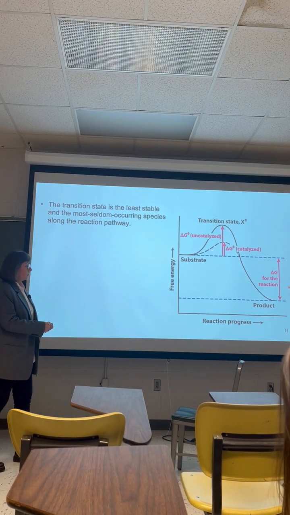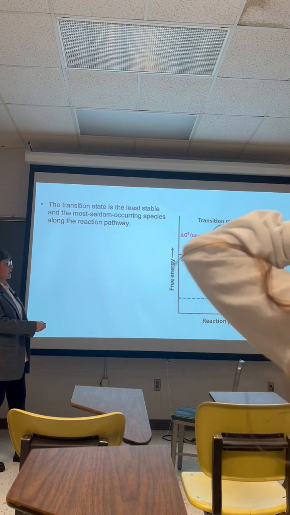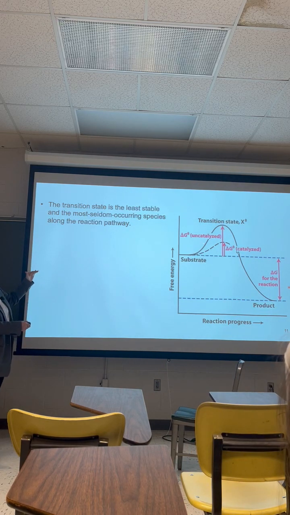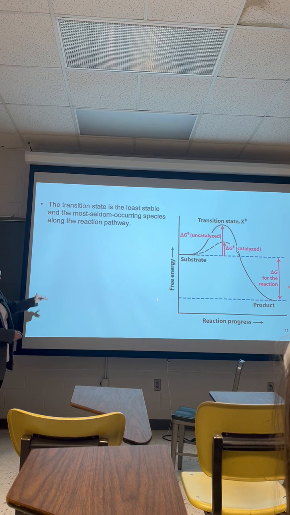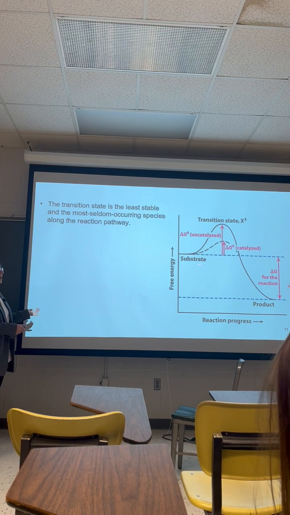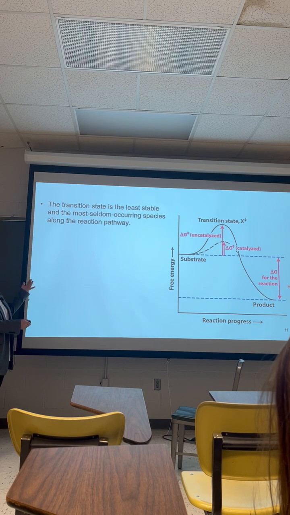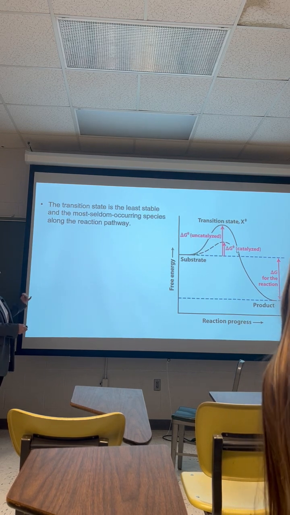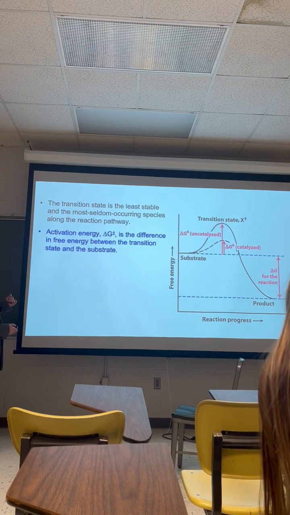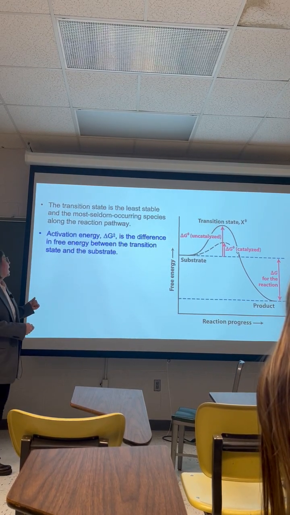And in the presence of the enzyme, that hill is much, much lower. If you get anything lower on the free energy diagram, we call it stabilization. So we say that the transition state is stabilized. What enzymes are doing is they are stabilizing the transition state.